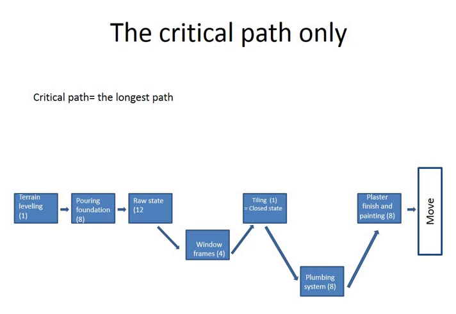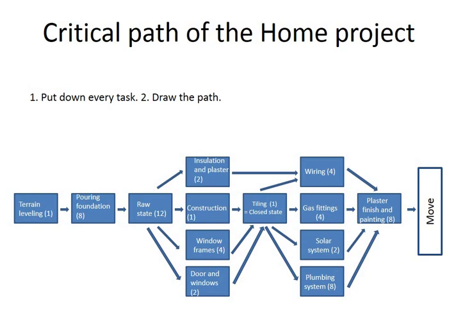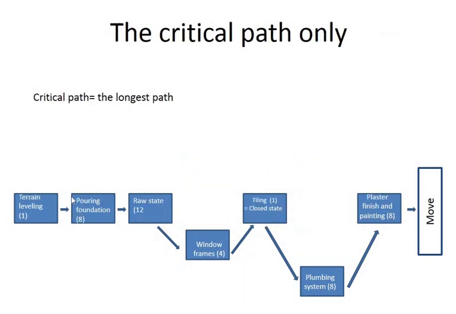So this is how long it is going to take. It is not that complicated. I mean, all the other paths like this one or this one are also important, but they are not critical. Only the critical path decides how long it is going to be.